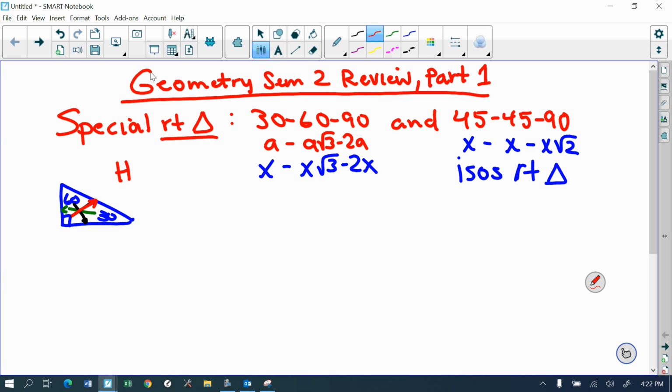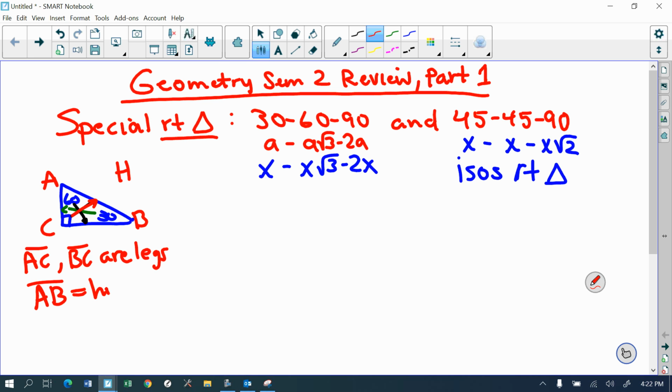It's always across from the right angle. The other 2 sides are called legs. I call this A, B, C. AC and BC are legs. AB is the hypotenuse. You'll learn this in middle school, but quick review, vocab.